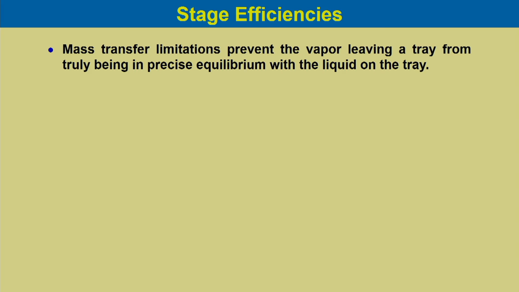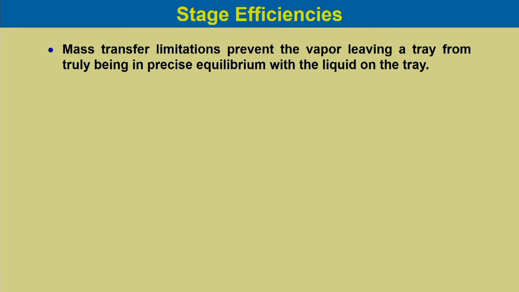Although an ideal tray, as we have discussed earlier, should reach equilibrium between the leaving streams, the vapor going off from the tray and the liquid flowing down from that tray, mass transfer limitations prevent the vapor leaving the tray from being precisely in equilibrium with the liquid leaving down.